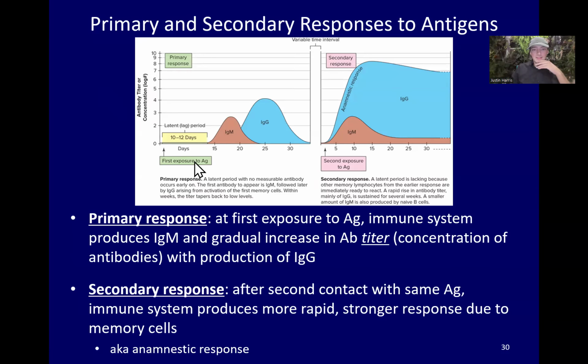The thing that makes your adaptive immune system different is that it can remember past infections for next time. A key mark of this is that the response to the first infection is different than the response to the second infection. When you have that first infection, you have this latency period.